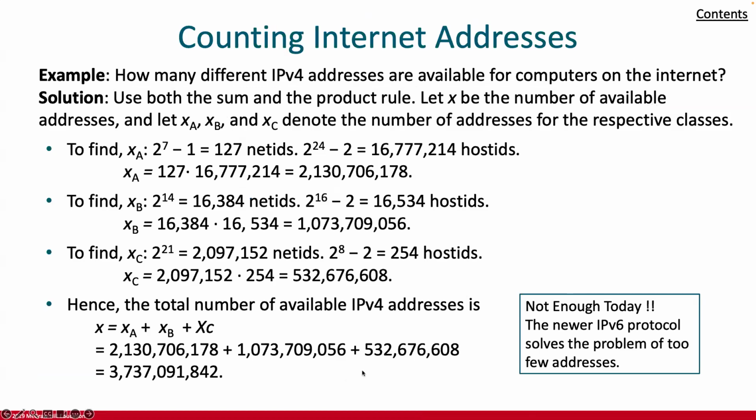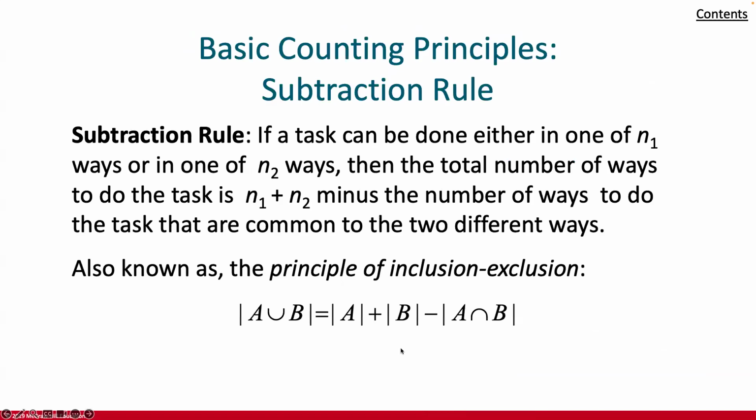We can see this is 3.7 billion or so addresses, and we're in a situation where we're running out. Thus we have IPv6, where we expand the number of digits that are available, so we've dramatically increased the number of internet addresses that are available.